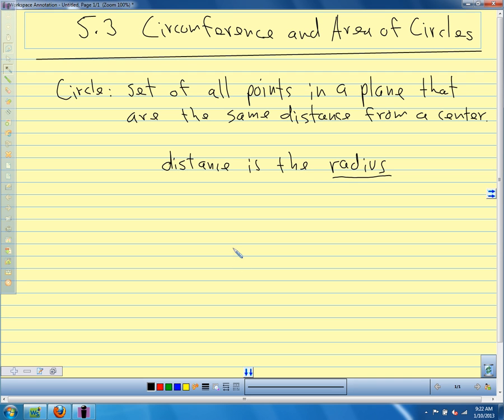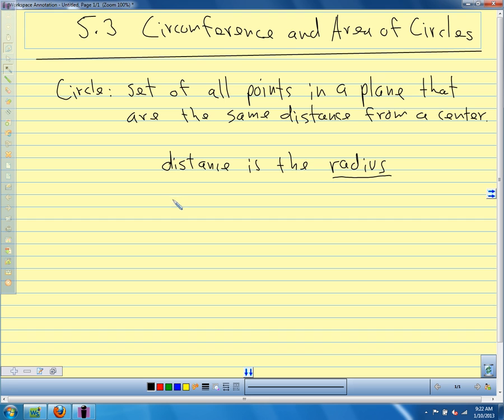And what's another important part of a circle that has to do with something going through the center? The diameter. How are the diameter and radius related? Radius is half the diameter.